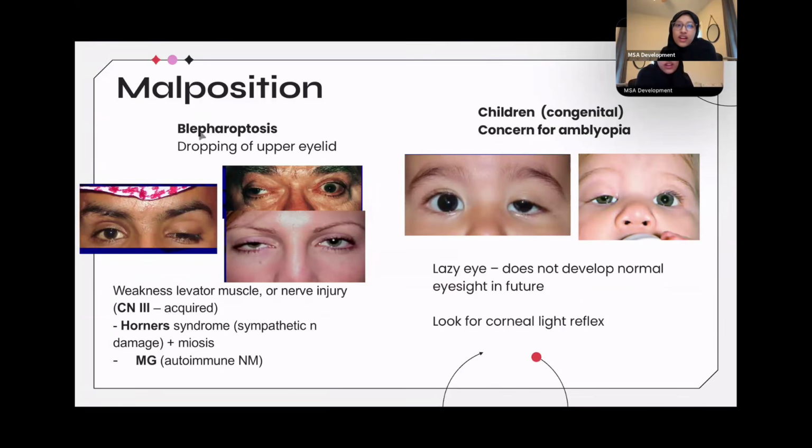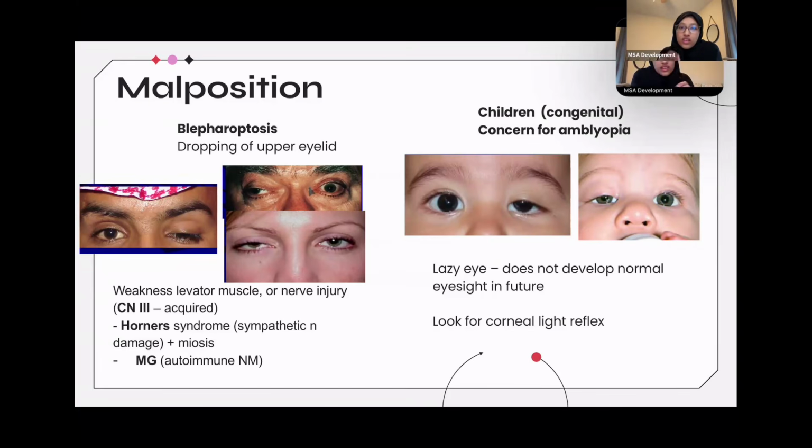Other malposition of the eye are things like drooping of the upper eyelid. So remember, bleph means eyelid, ptosis means drooping. So eyelid drooping can be caused by things like that. It can look like that.